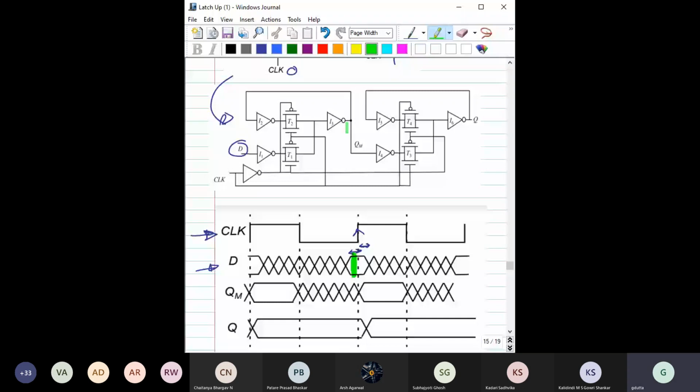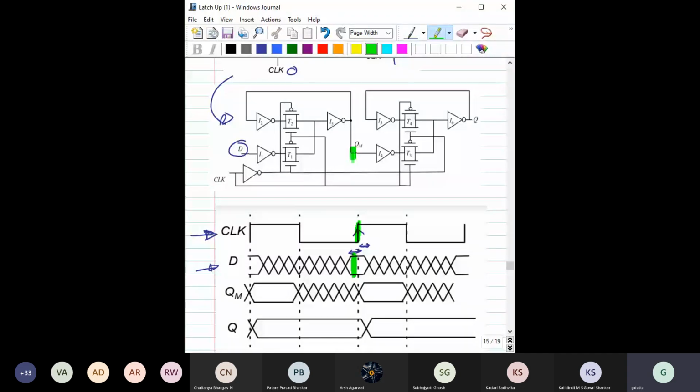Okay, just tell me one thing. Before this positive edge, this data should be available up to what point, or what node? Till which node? Till this QM, right?